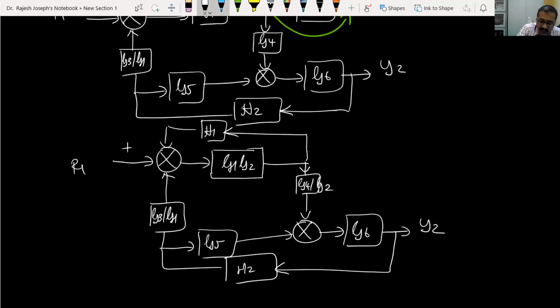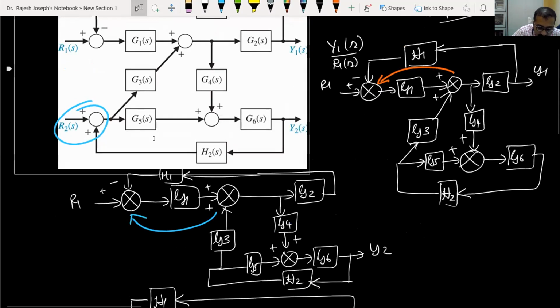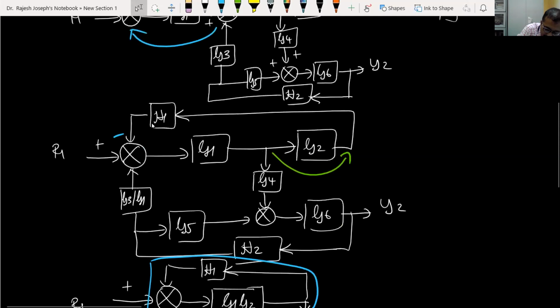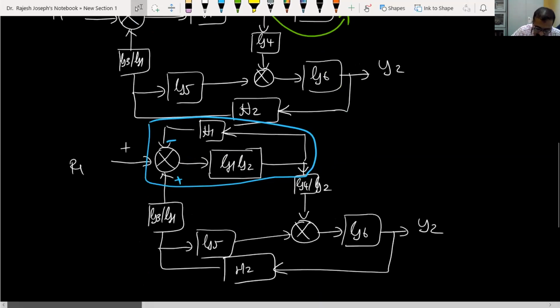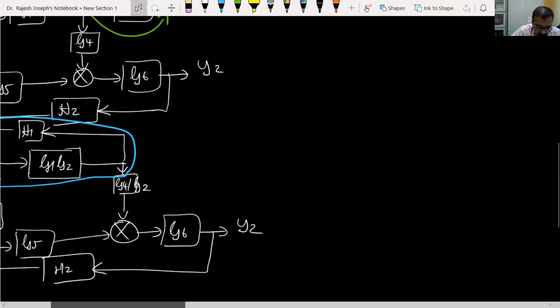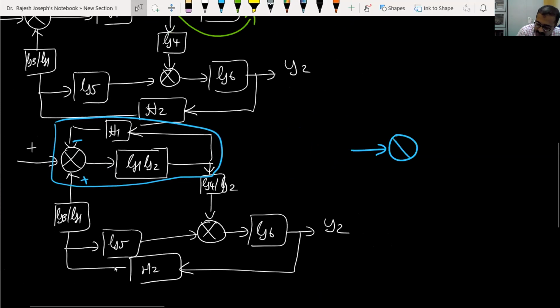Now you see this much they are in feedback. What is the polarity there? It was plus minus. So this was minus here, plus and minus here, right? The bottom one was plus. So these two can be solved now. What will be the effective transfer function now? We will have one single block.